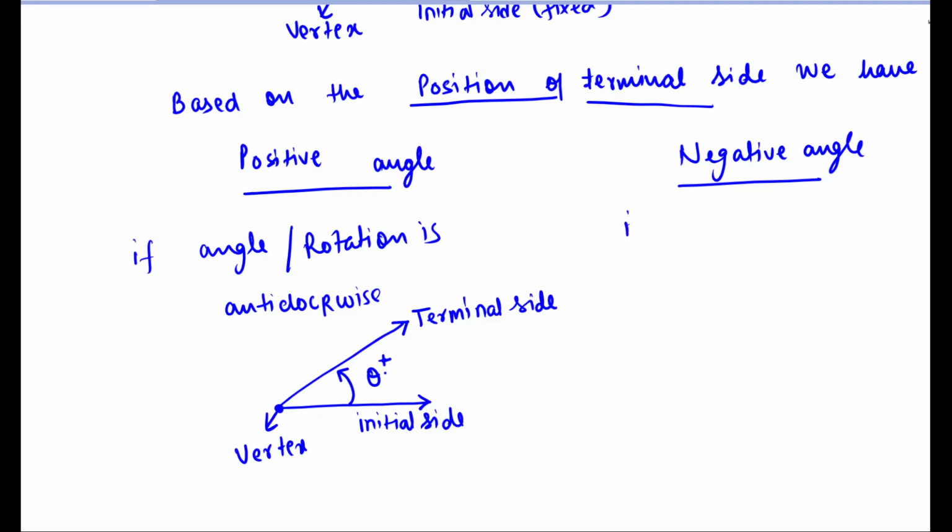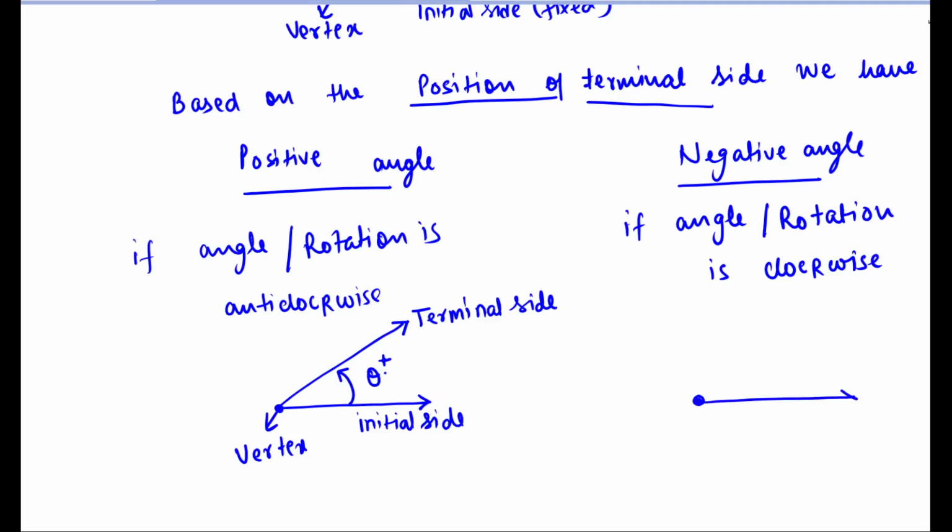Now we have a negative angle if the angle or rotation is clockwise. So we have the vertex and the initial side, and we have to rotate clockwise to get the terminal side.